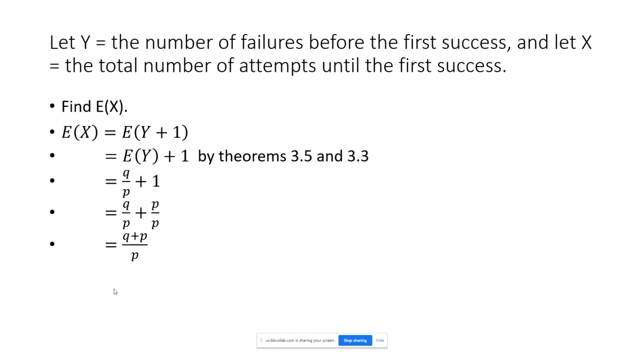And we can simplify that using the fact that q equals 1 minus p. So that is 1 over p is our expected value of the total number of attempts until the first yes.